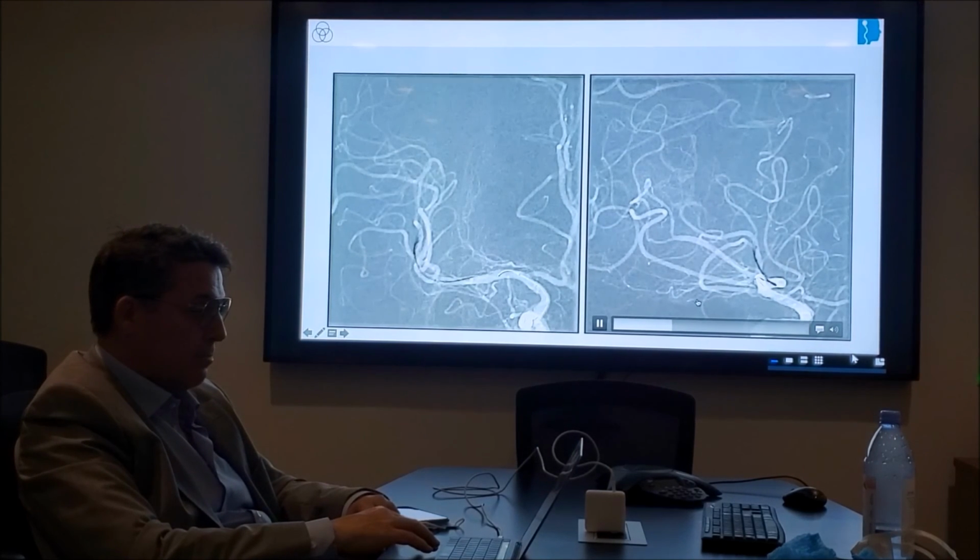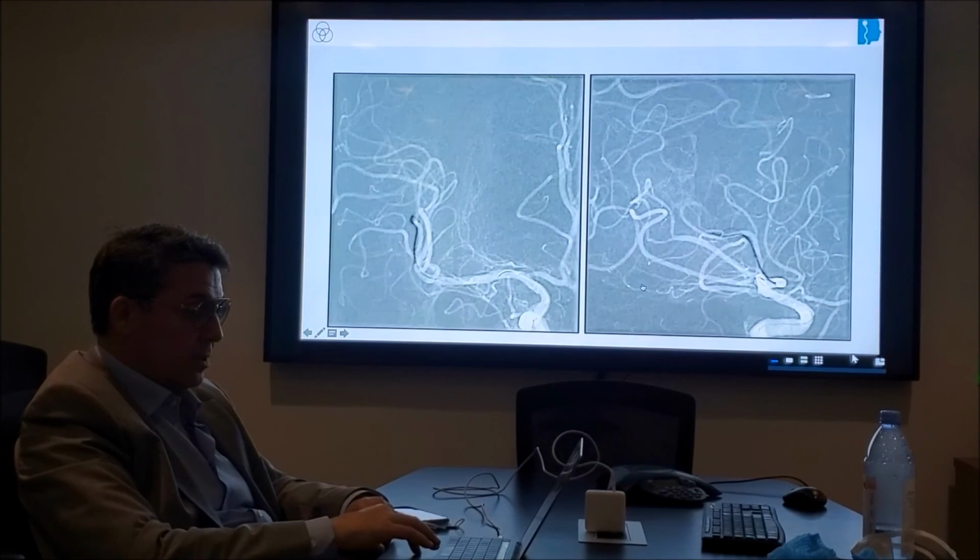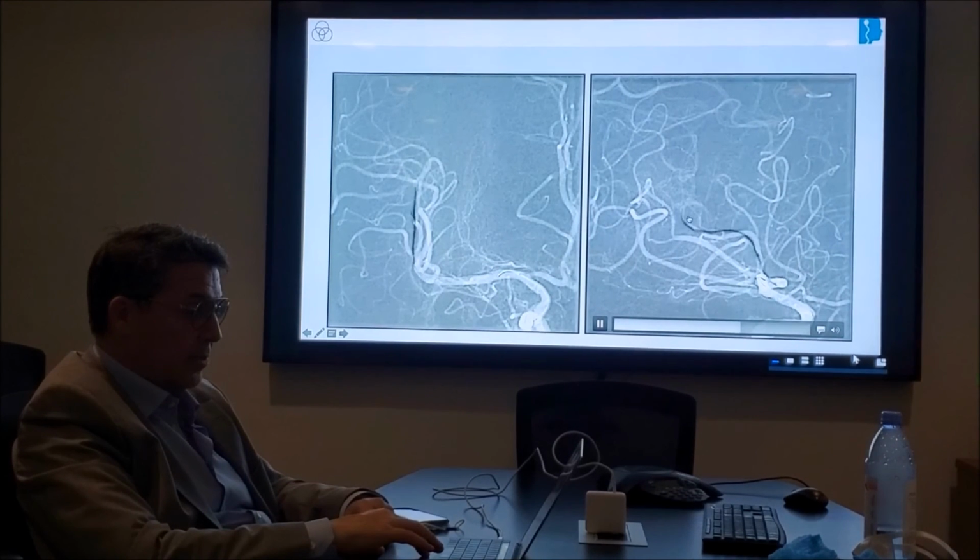And then, okay, you follow the course. If it's too much bended, then you can just push the catheter alone. And at some point, we're still in M2. And at some point, we take the bifurcation branch. And here, okay, here is a point where we lose the artery.